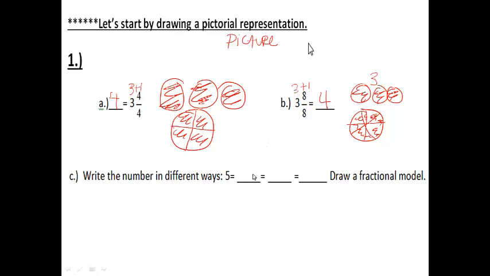Okay, so let's write the number 5 in different ways. Let's write the first way. Give me a number between 1 and 10. Whatever your number is, write it on the top and write it on the bottom. I'm going to say 3. I just made it up. So does 4 and 3 over 3 mean the same thing as 5? I just made up the denominator and the numerator here.